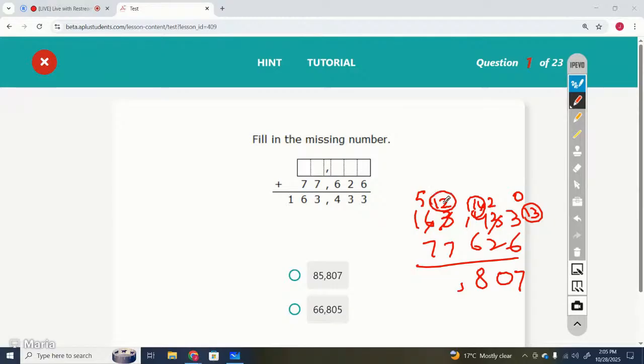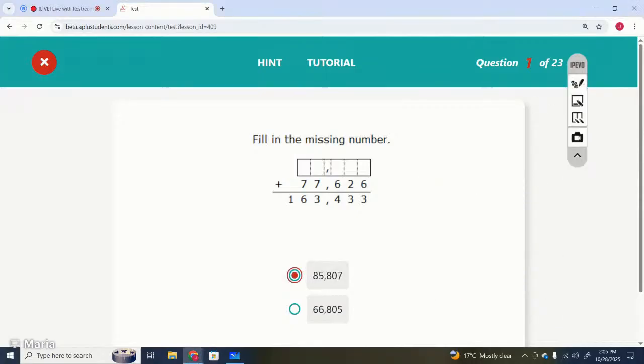The borrow makes it 12. 12 take away 5. Again, we need to borrow 1, so 15 take away 7 is 8. That is 85,807. Option number 1 is the correct option.